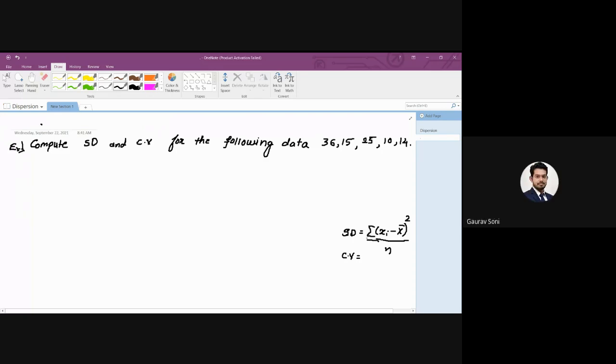Okay. This is the standard deviation, under root. No, I am talking about the standard deviation. We get 11.5, sigma square. Okay, fine.